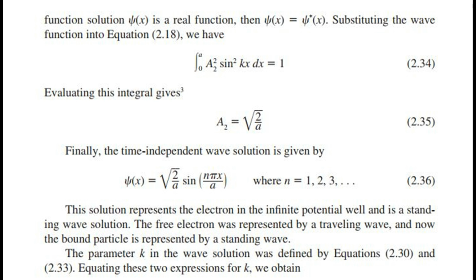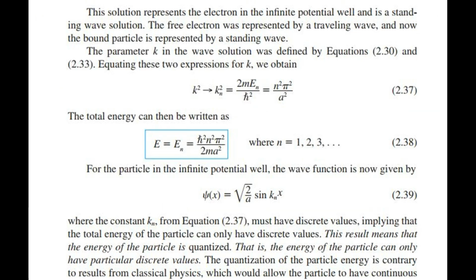The parameter k in the wave solution was defined by equations 2.30 and 2.33. Equating these two expressions for k, we obtain the total energy, which can then be written as equation 2.38, where n = 1, 2, 3, and so on.